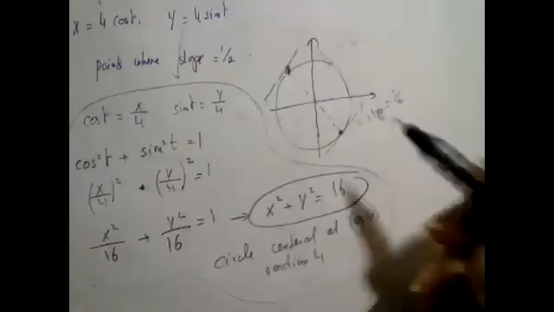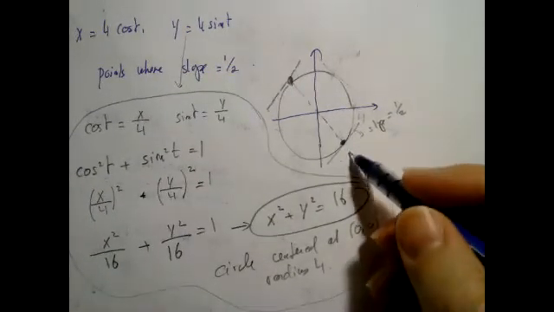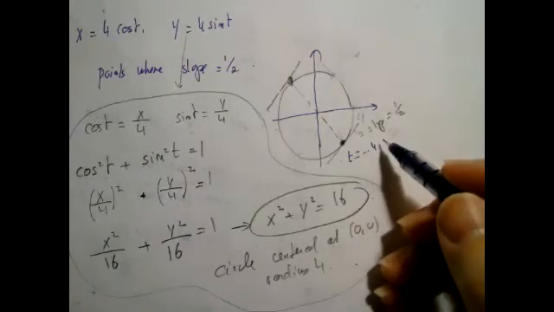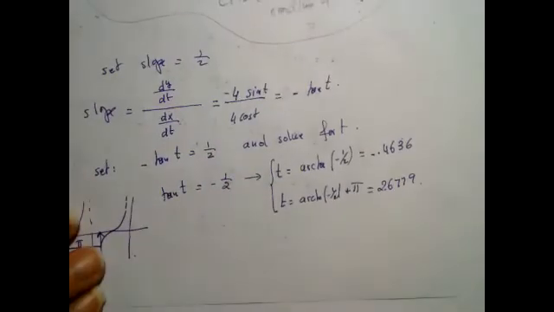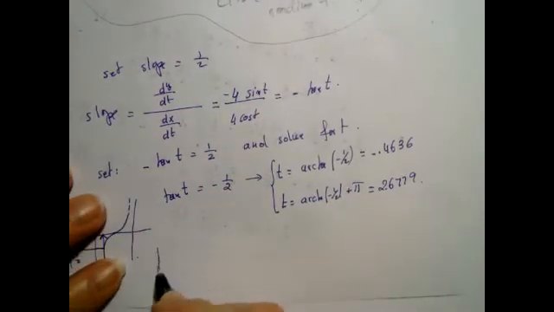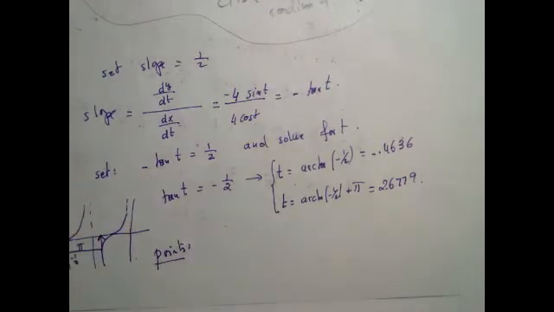And the picture makes sense. So this is the negative t, so this is t equal minus 0.4636. And that's the other value of t. Okay. Now, I need the points on the circle. But the question is, find the points. To find the points on the circle, what am I supposed to do?